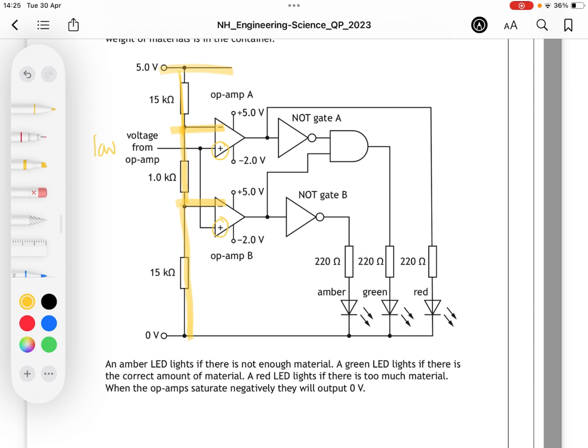What that means is that both op-amps are going to saturate positively.